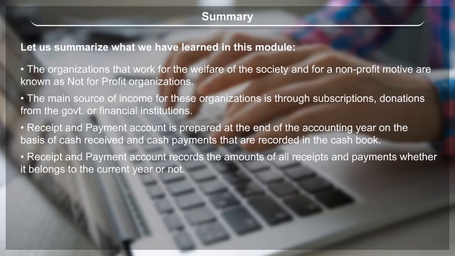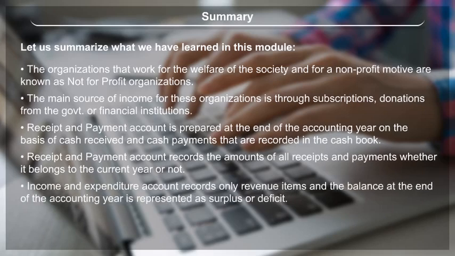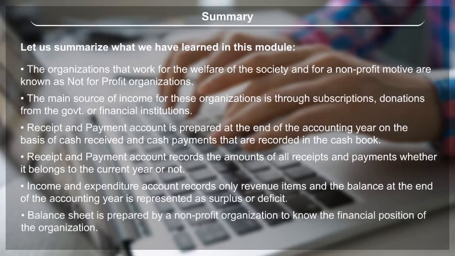Receipt and payment account records the amounts of all receipts and payments, whether they belong to the current year or not. Income and expenditure account records only revenue items, and the balance at the end of the accounting year is represented as surplus or deficit. Balance sheet is prepared by a non-profit organization to know the financial position of the organization.